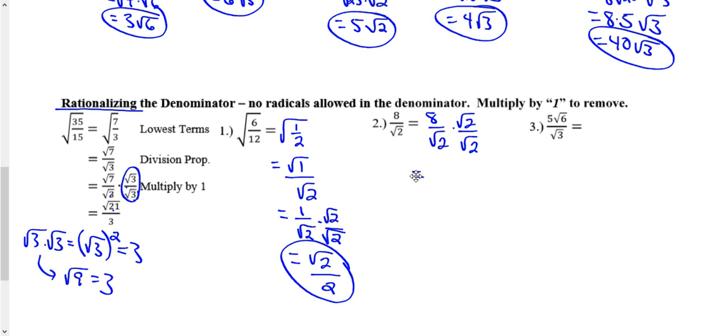Okay, multiply across the top. Did you just do 8 times 2? I don't even see a 2 up there. Do you? I see a square root of 2. 8 times the square root of 2. I can't multiply that 8 in there, right? Over what? 2. Have we rationalized it?